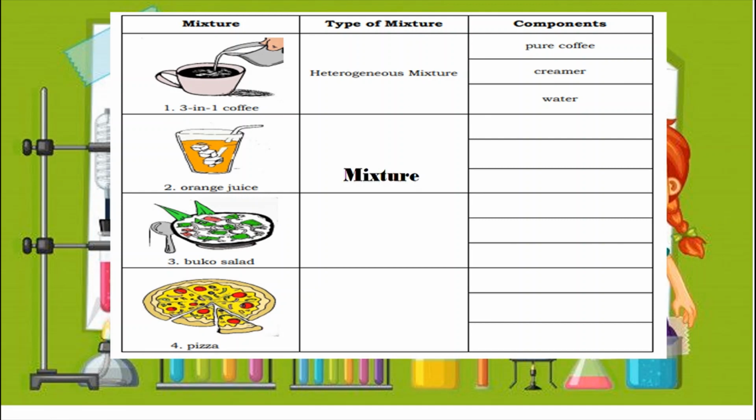Unsa ni siyang type of mixture ang orange juice? This is what we call homogeneous. Depende sa imong components sa gibutang. Kay kung ang imong gibutang kay powdered orange juice, dili na gyud mo maklaro kung asa na ang powdered orange juice niya.